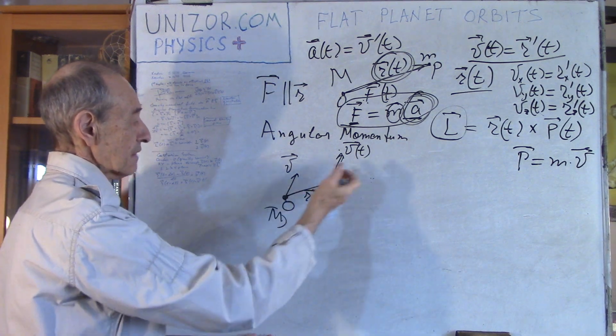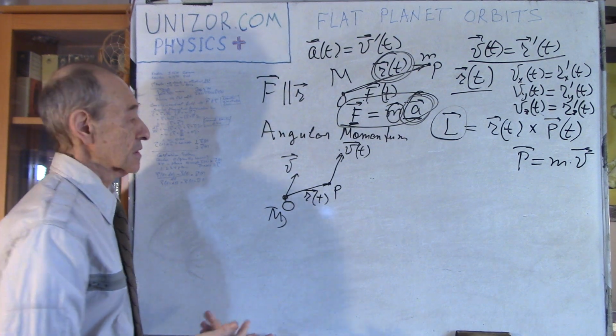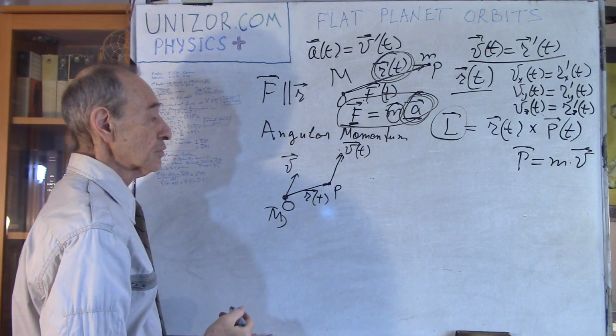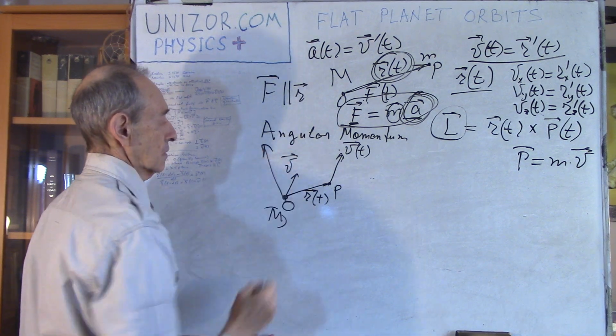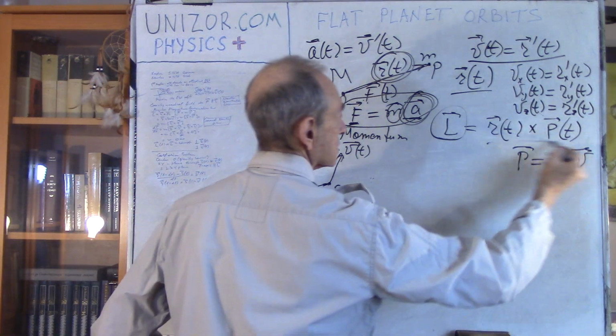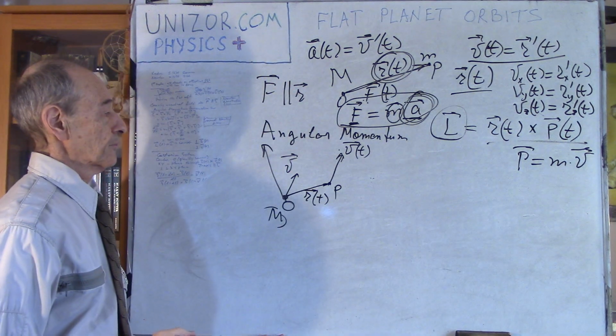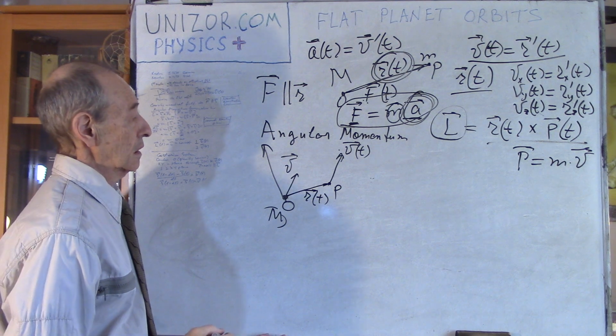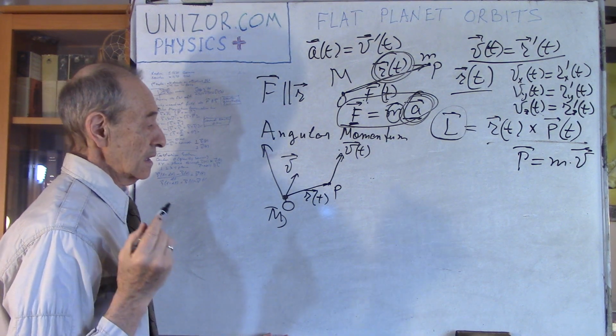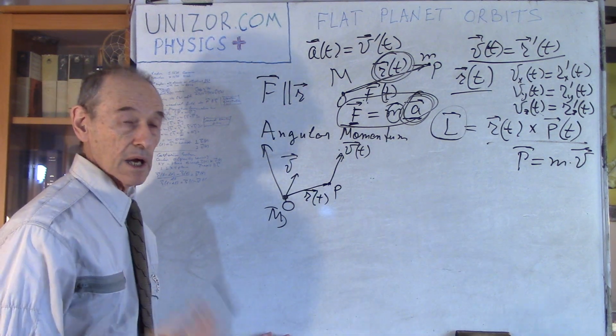And I can always have a plane which goes through these two vectors, and the perpendicular to it is the constant vector L. Angular momentum is a constant vector.